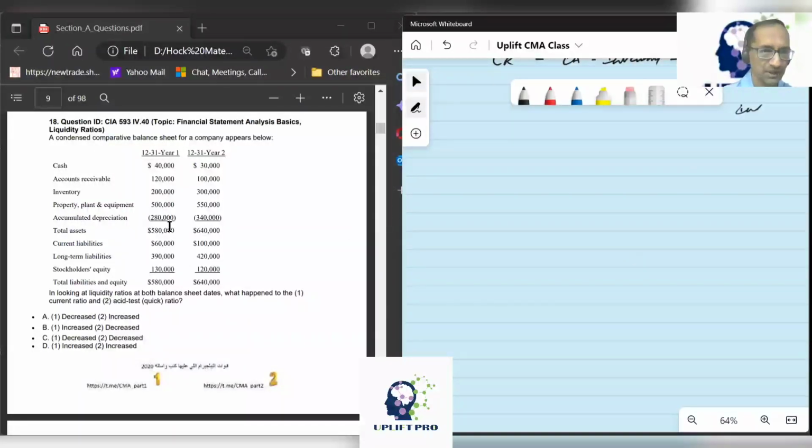So the balance sheet tallies, you have assets worth 580, liabilities and equity worth 580, and 640 for the assets and 640 liabilities and equity.